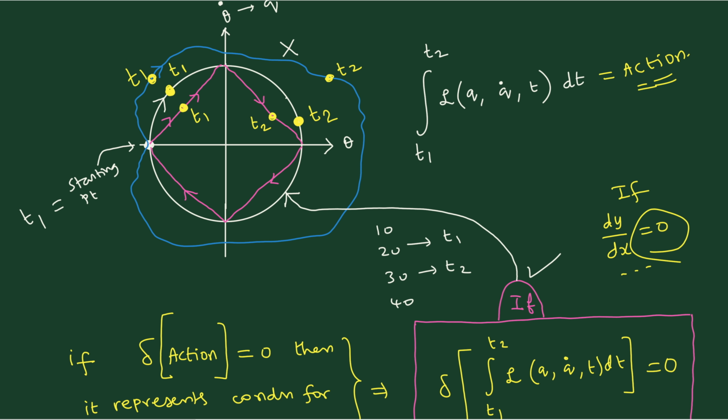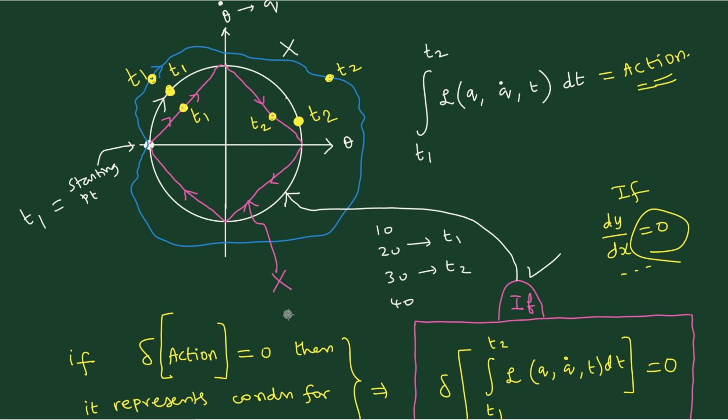For the pink curve, this delta condition will not be satisfied, so I am putting a cross mark. The variation of the action integral will not be 0. Like that, you repeat it for infinitely many trajectories.